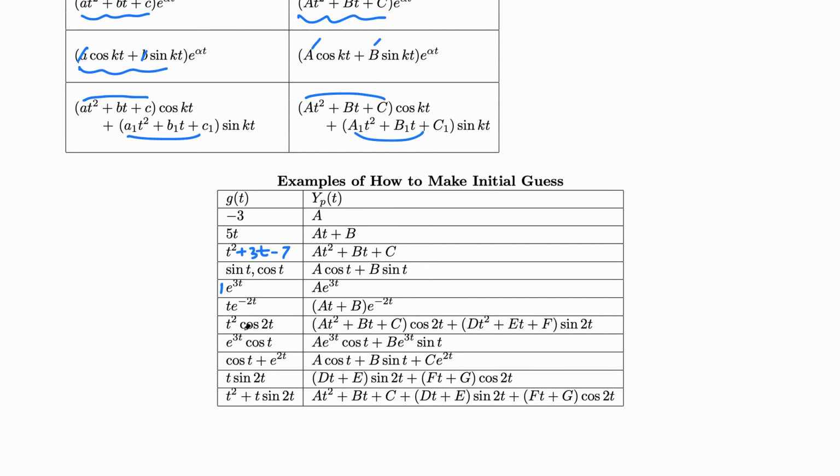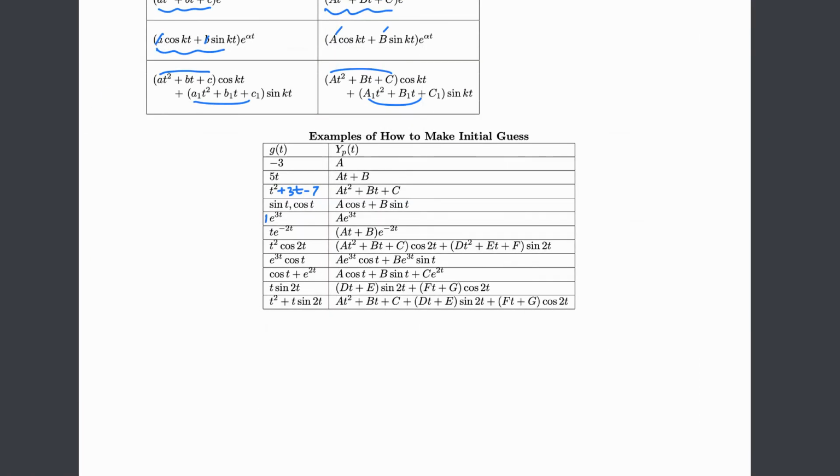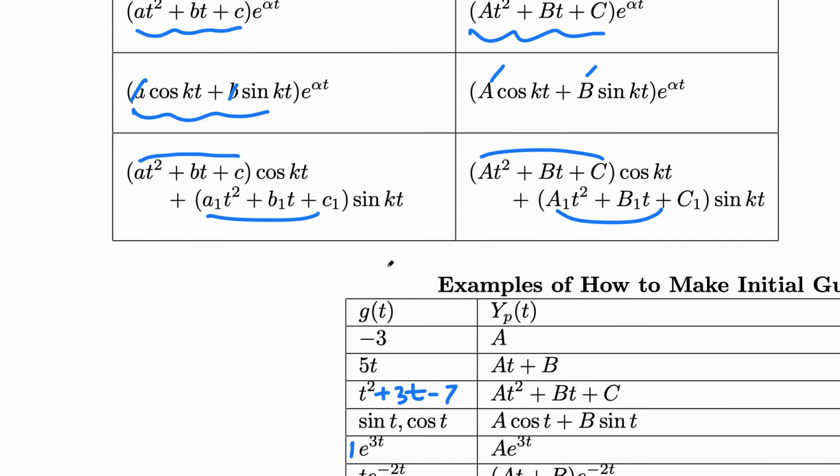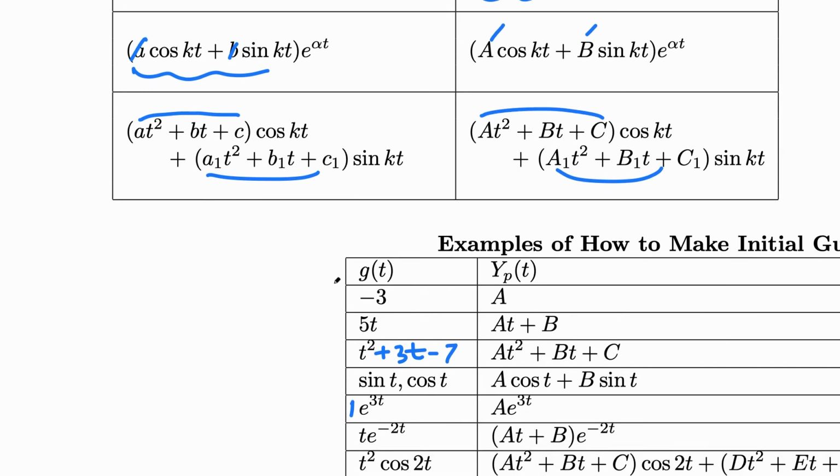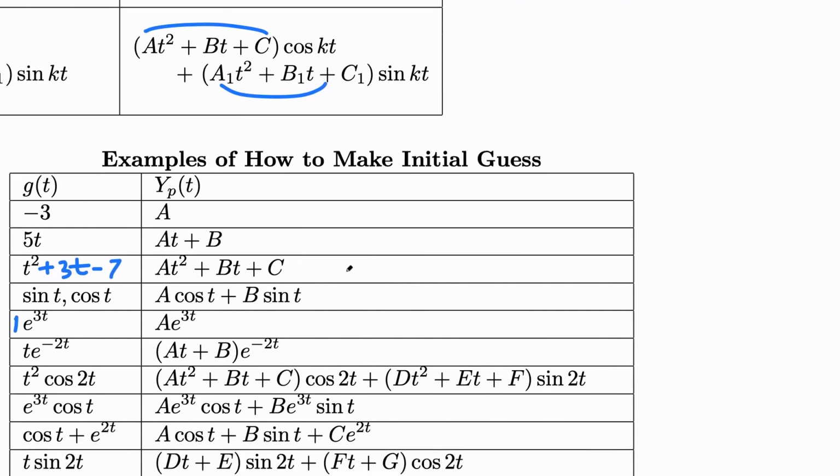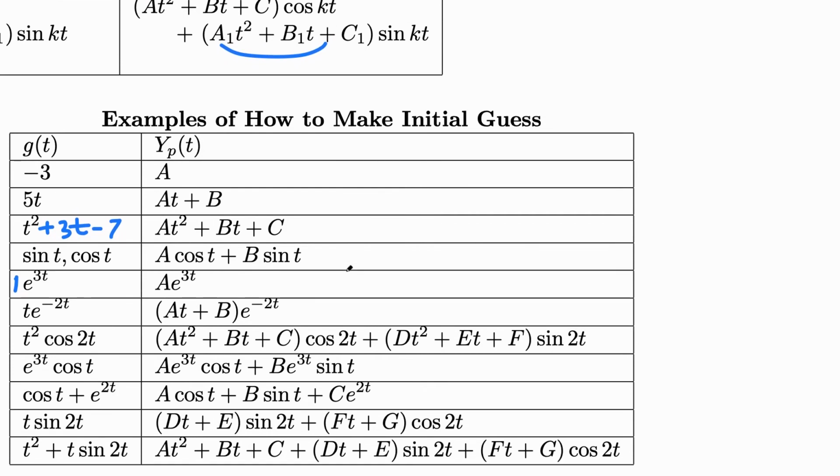And here we've got more. Suppose we have t times e to the negative 2t, t means degree 1. The e to the negative 2t stays the same, and t means degree 1, so we have to write a generic degree 1 polynomial.